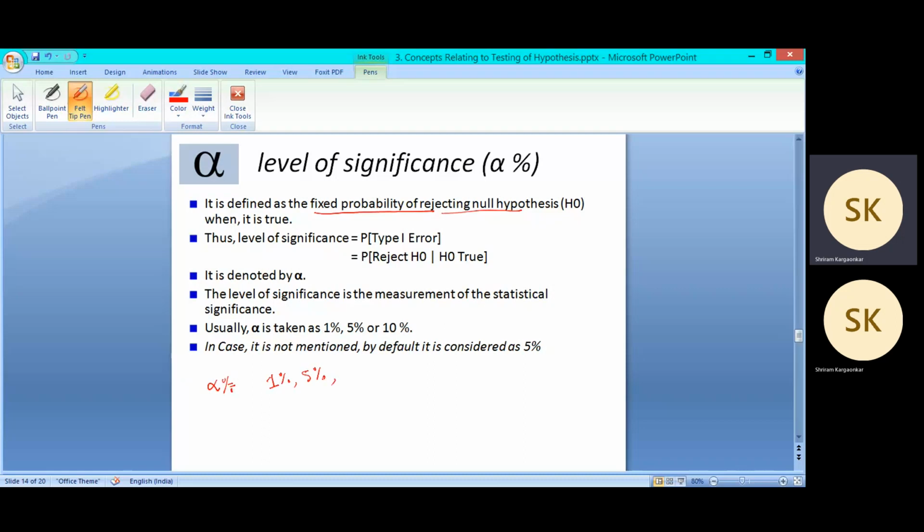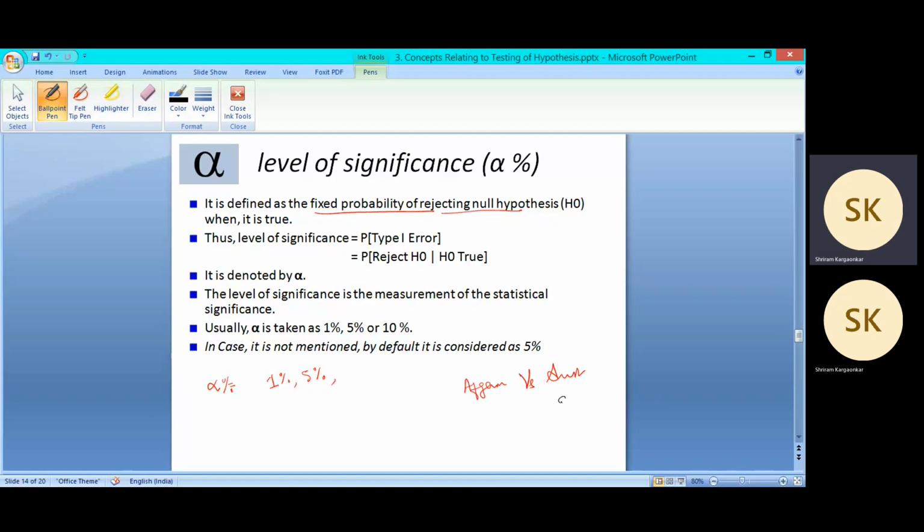Okay, so I will give an example. Suppose it is a cricket match between Afghanistan versus Australia. So what do you say then?